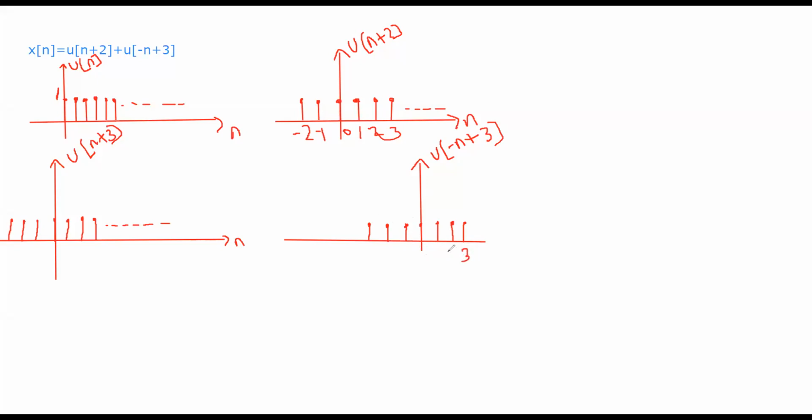So this is plus 3, plus 2, plus 1, 0, minus 1, minus 2, minus 3, and so on. It continues up to minus infinity.